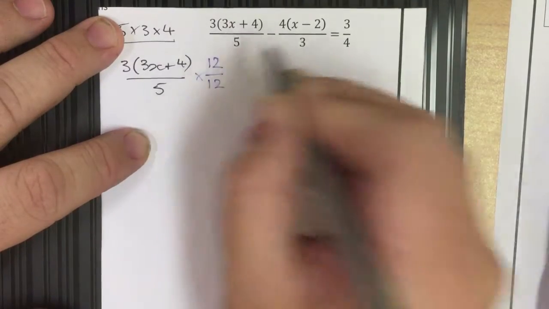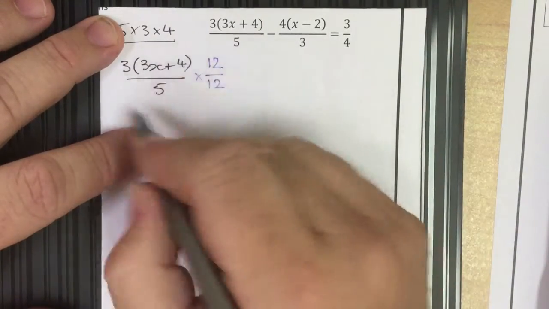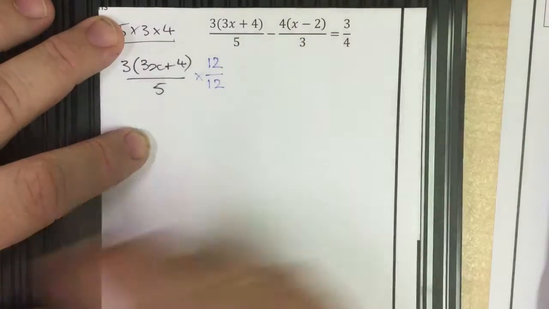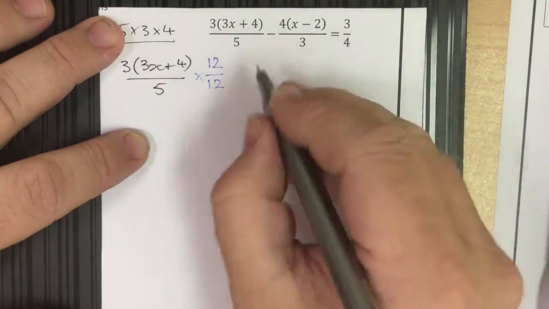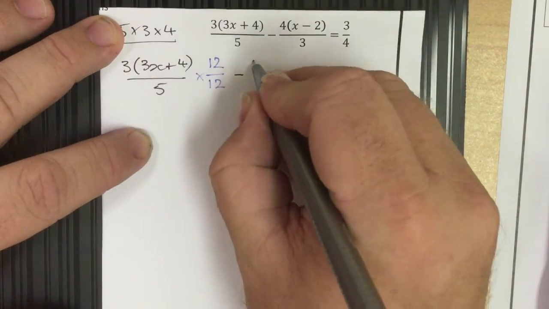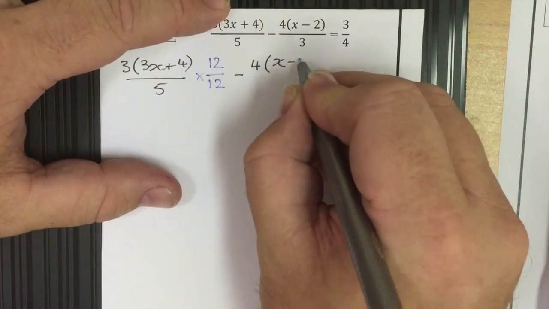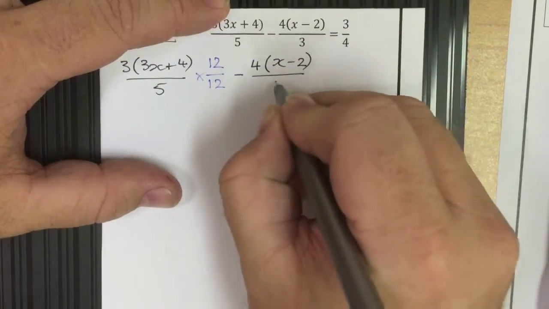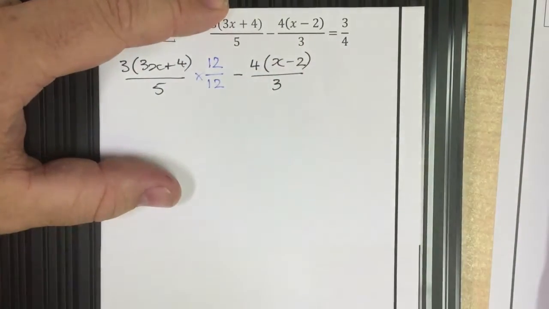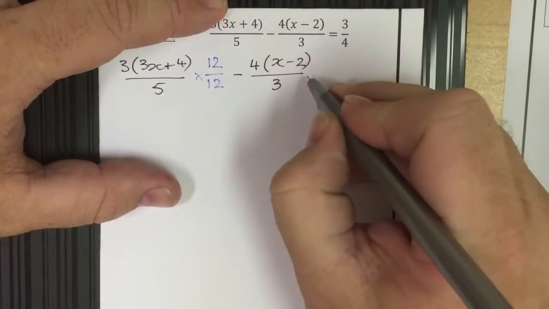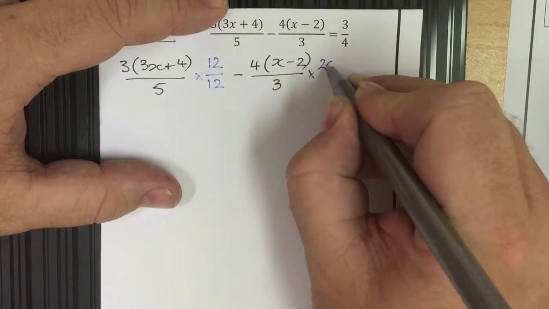If I do the same thing to the top, I'm only multiplying this whole idea by 1, so I'm not actually changing the number. Here's our next one. And again, I've got 3. I've got to get that up to 60, so I'm going to multiply that by 20 on 20.